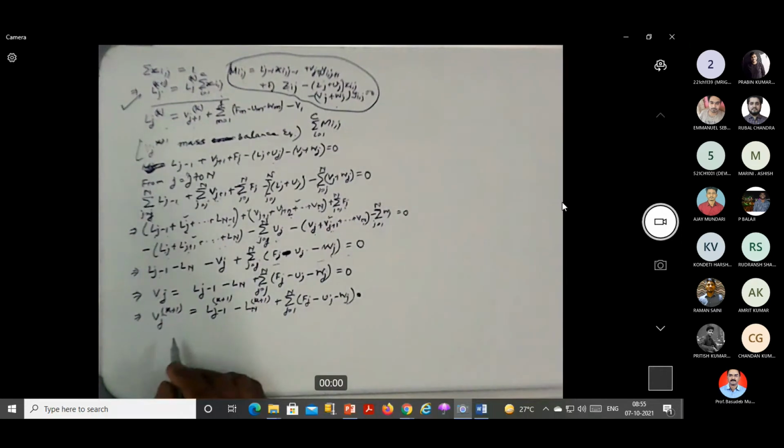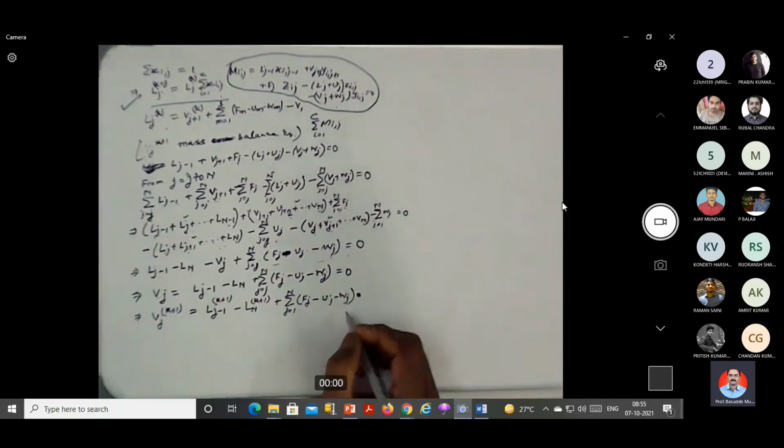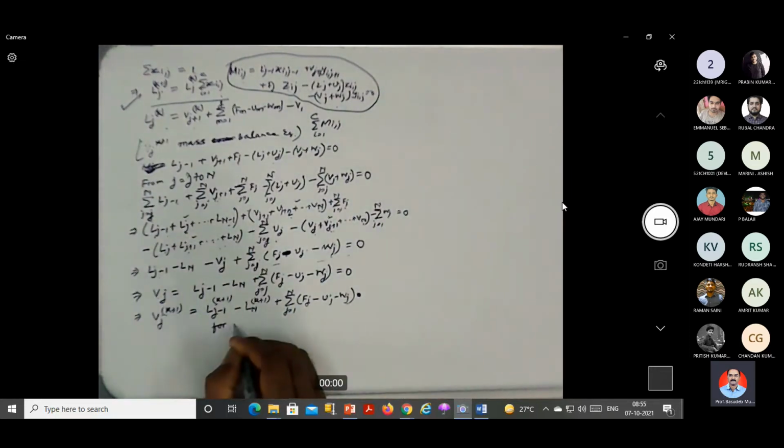Now this is the source equation for Vj. This equation we can solve for all the stages, because we have to modify V1. In this algorithm we did not specify any vapor flow rate, V1 we did not specify. So we have to get V1 to Vn. It means this equation we should solve for j equal to 1 to n.